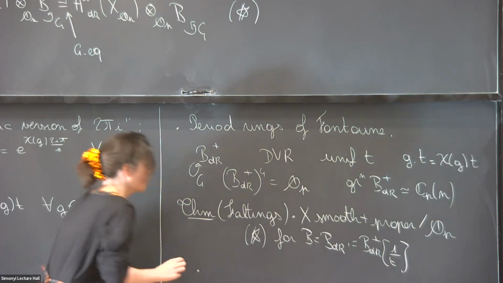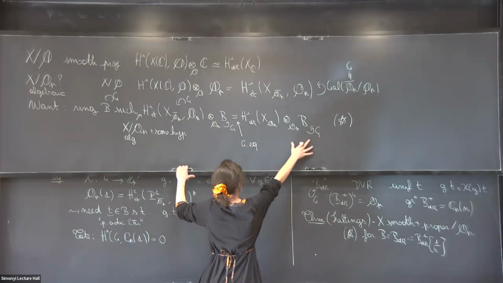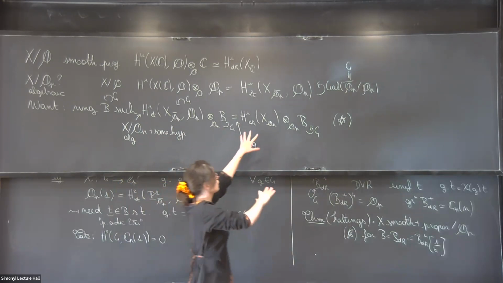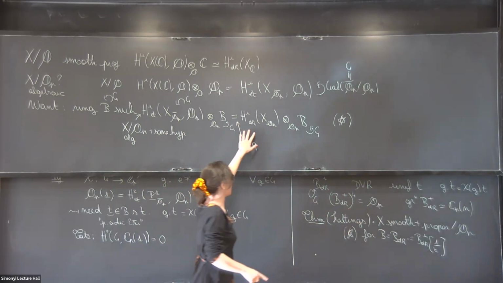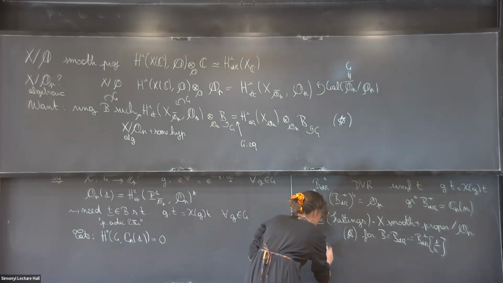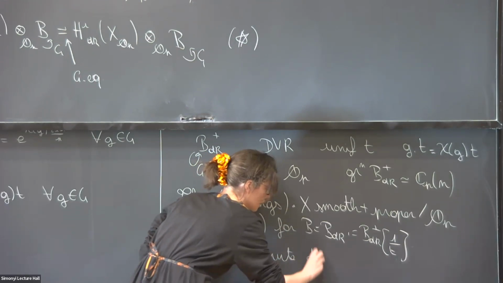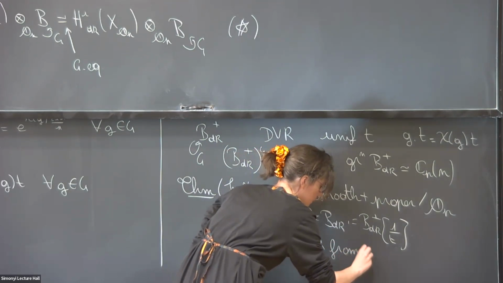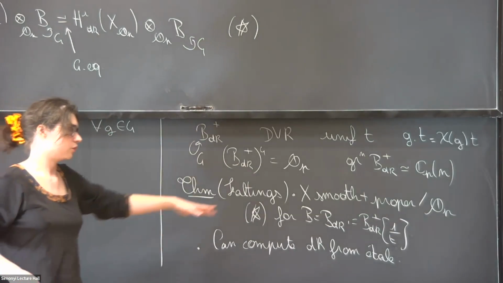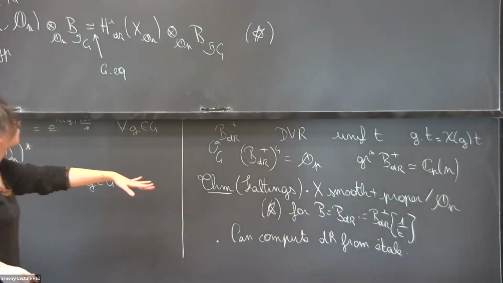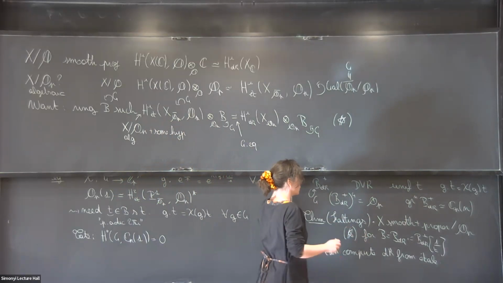And also we have an action of G, and you can take the fixed points for the action of G on this side and on this side. On this side, since the fixed points are just Q_p, we will get the de Rham cohomology. So we can compute the de Rham cohomology from the étale cohomology. But we cannot go the other way with just B_dR. We cannot entirely compute the étale cohomology from the de Rham cohomology using this isomorphism.